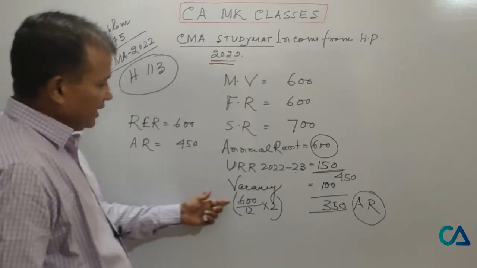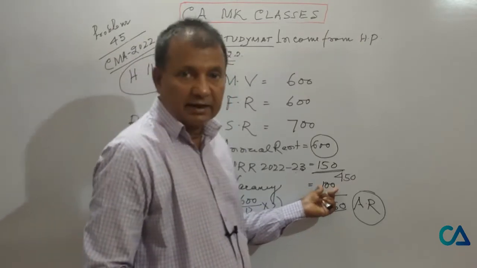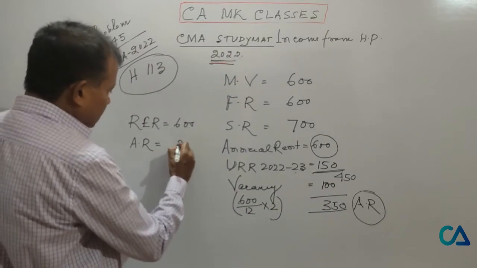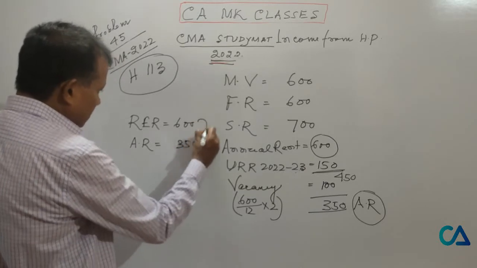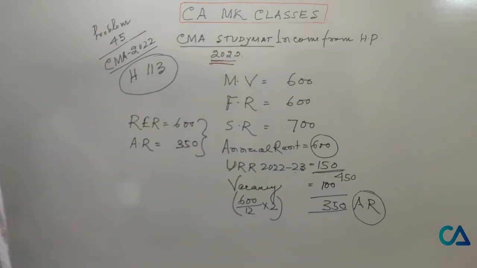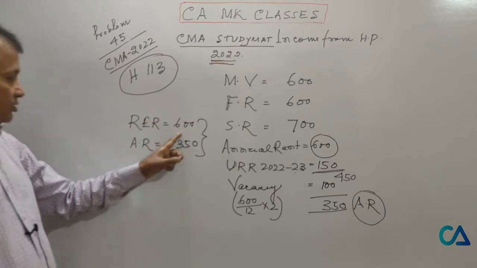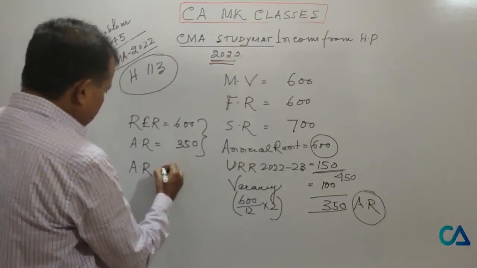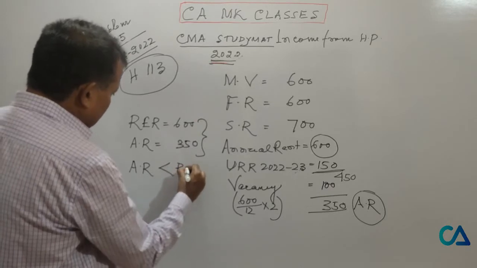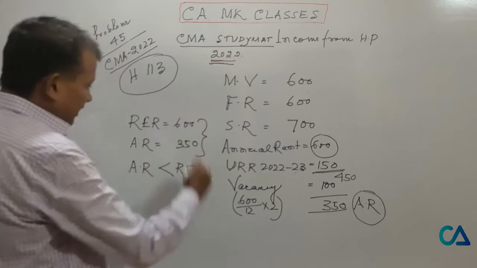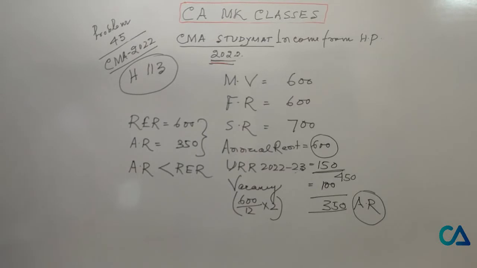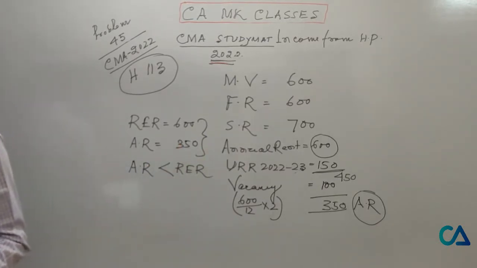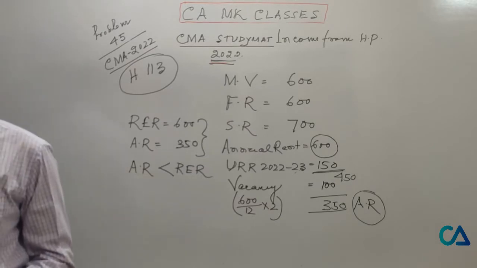But we have to deduct again the vacancy, that is 100. So I can say actual rent is 350. Right? So actual rent is less than RER, but actual rent is less than RER not due to vacancy.